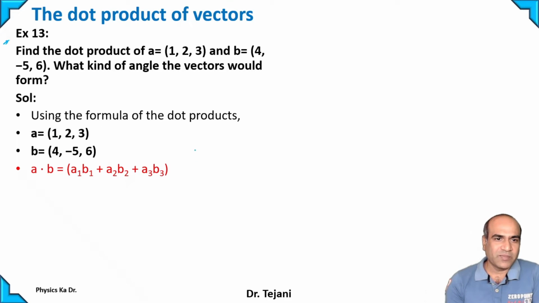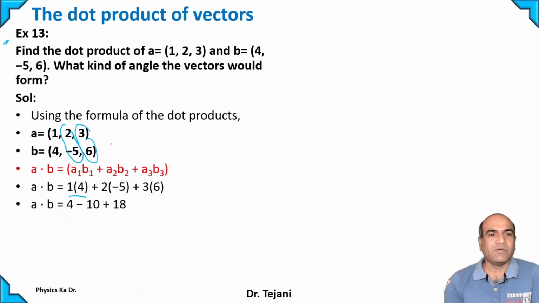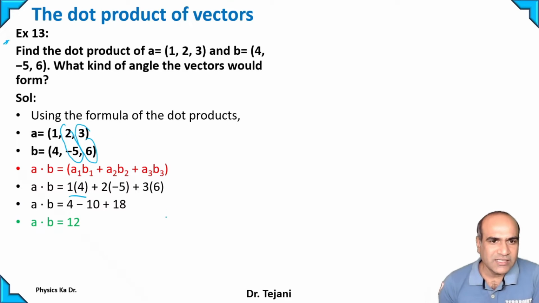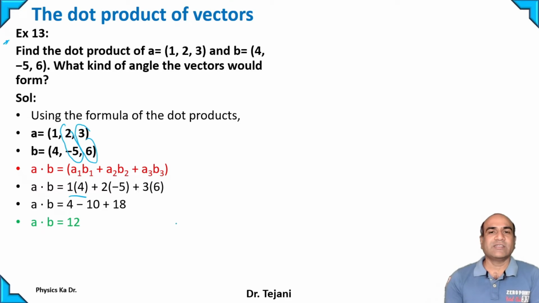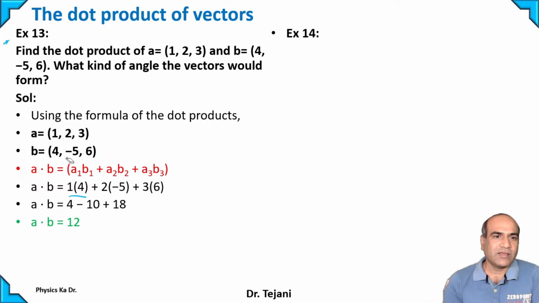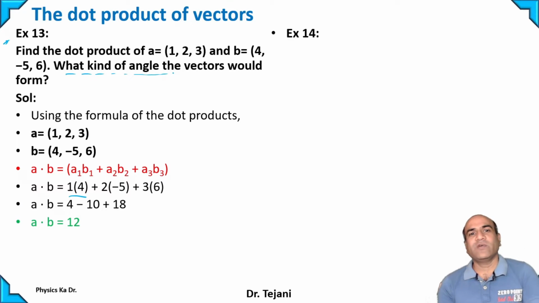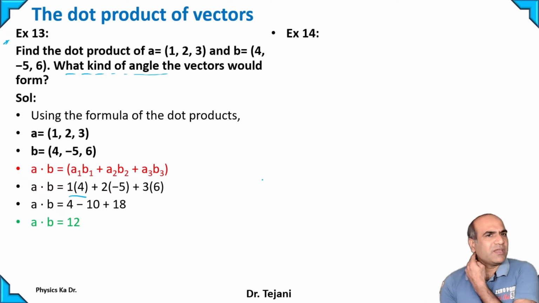A1 is 1, b1 is 4, so multiply these, then 2 multiplied by minus 5, and 3 multiplied by 6. So we get the solution 12. A dot b is equal to 12. And comment me what kind of angle the vectors would form. Comment me in the text.